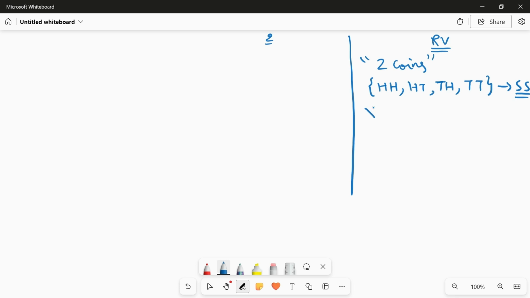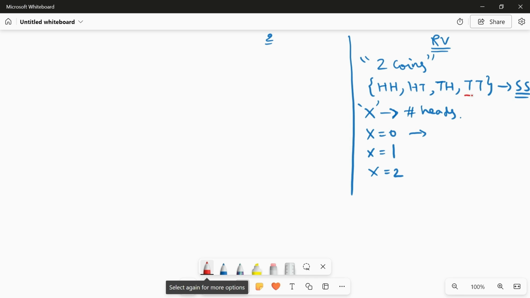Now I'm just telling, okay, let x be the number of heads you get while tossing two coins. What are the possible numbers of heads you can get? You can get either zero heads, or one head alone, or two heads, right? The probability of getting zero heads is this only part, tt, that's where you get zero heads.